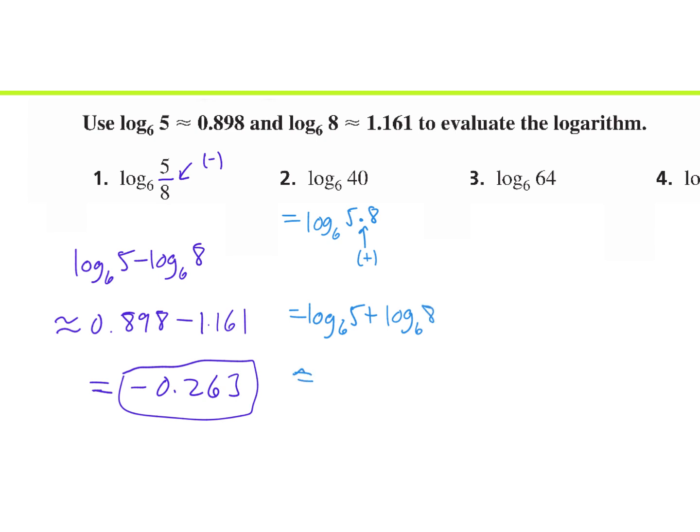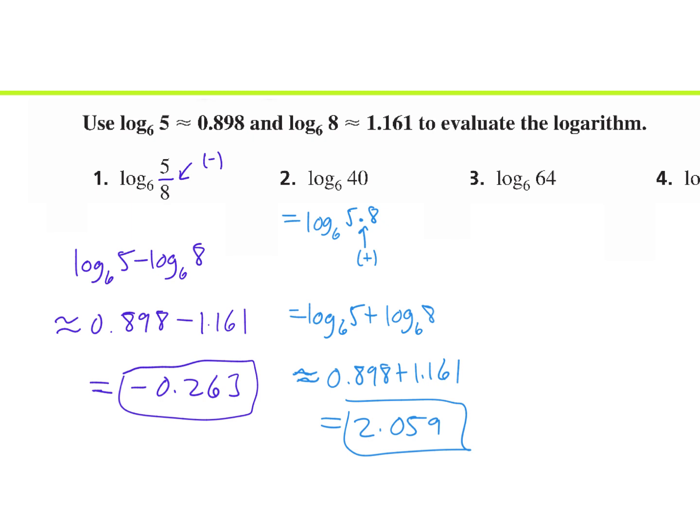All right, and then this is approximately, I know that log base 6 of 5 is 0.898, and log base 6 of 8 is 1.161. All right, let's see what this gets us. This should be 2.059.